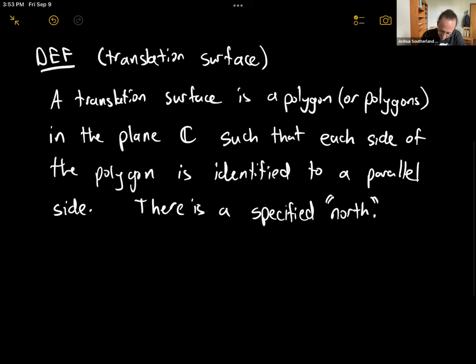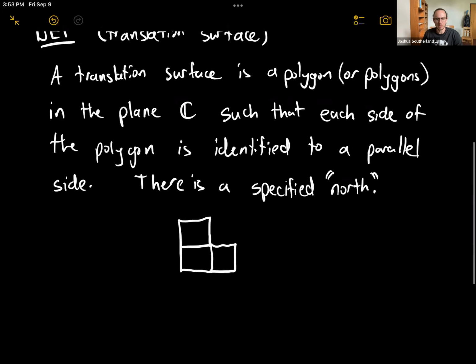So let me give you an example. This has just become my favorite example. Fairly straightforward. Here we have a polygon that's tiled by 3 squares. This is actually a special kind of translation surface called a square tiled surface. Here I'm going to identify these edges by translation.